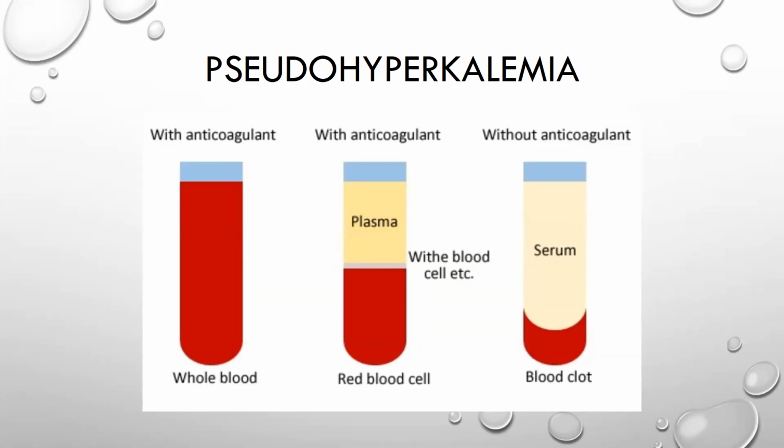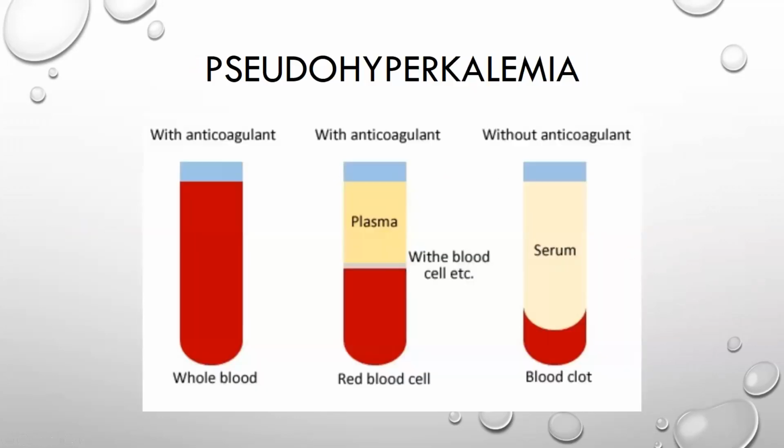So whole blood is whole blood. When you draw it, there's anticoagulant in there. Plasma, what happens is you draw the same tube, still with anticoagulant in it, then you put this in the centrifuge, and that's how you get the separation. Serum is essentially, there is no anticoagulant in the tube. You draw the blood, you let it clot by itself, and that's how you get a serum.